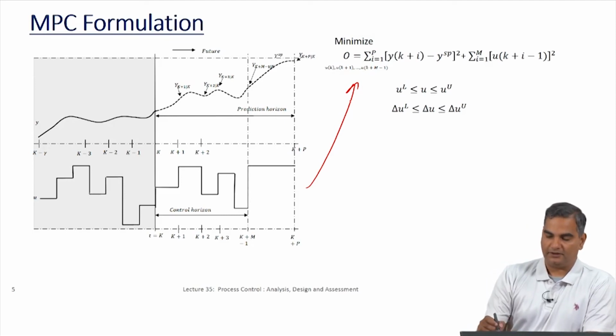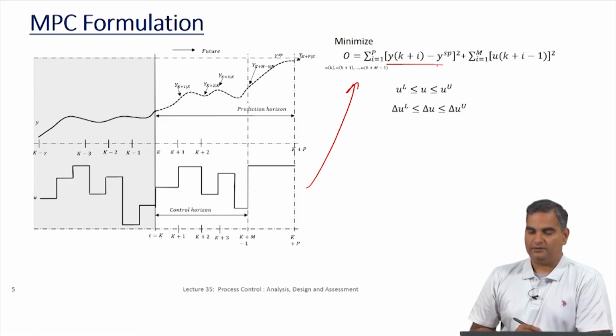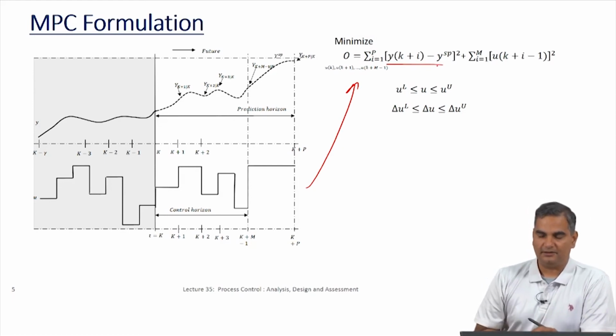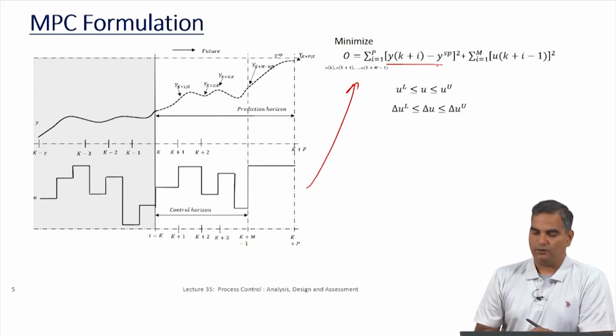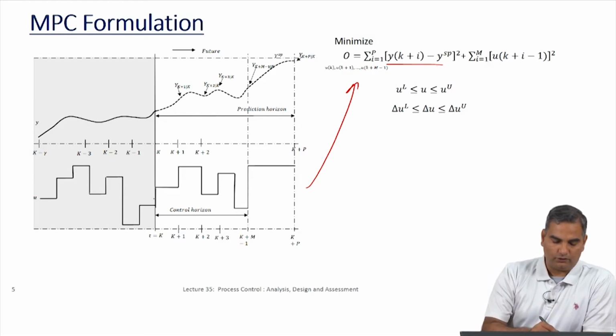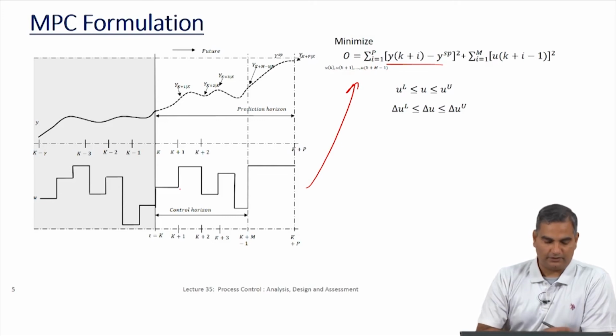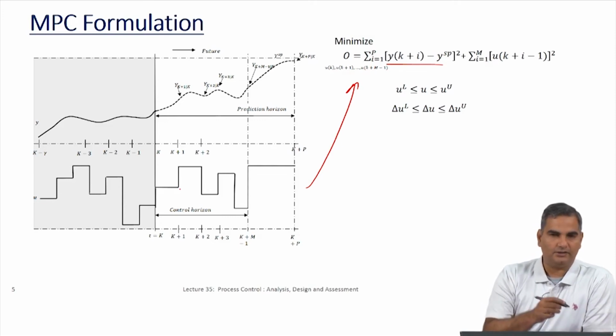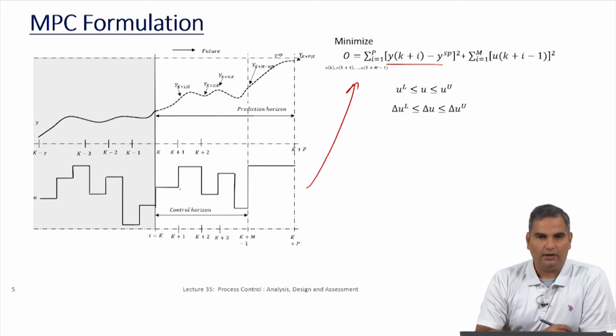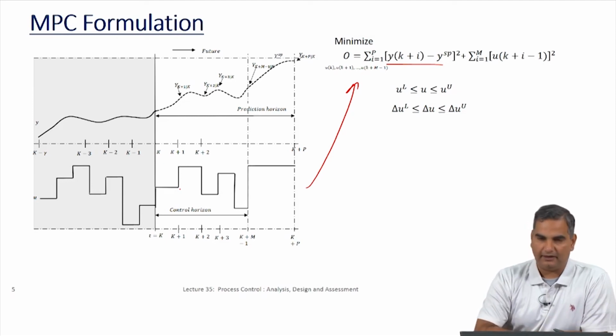So, the objective function tells you that you are trying to minimize the error. In some cases, when you want to generalize this, you might say I do not want to just minimize the error, but I also want to minimize the control effort that I take, which is I do not want to take very large control moves u, because that takes money and effort.